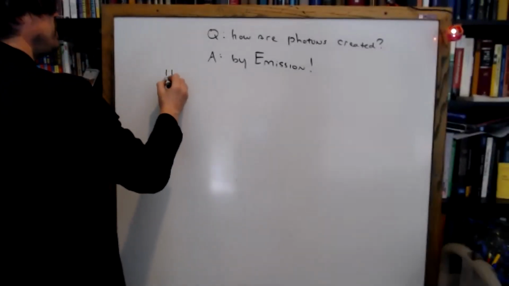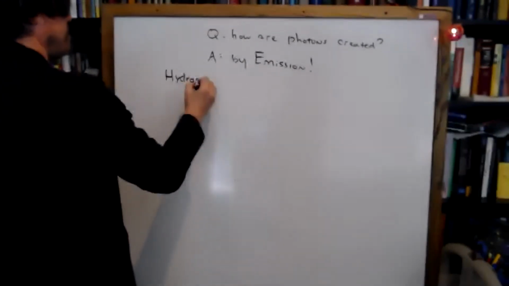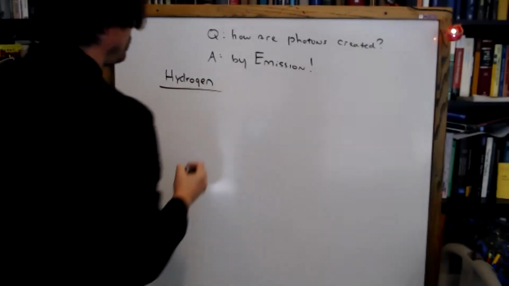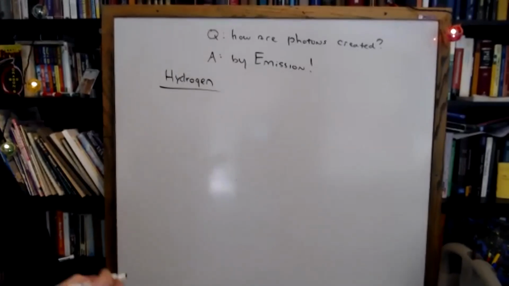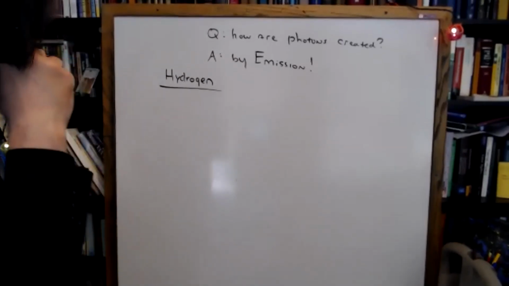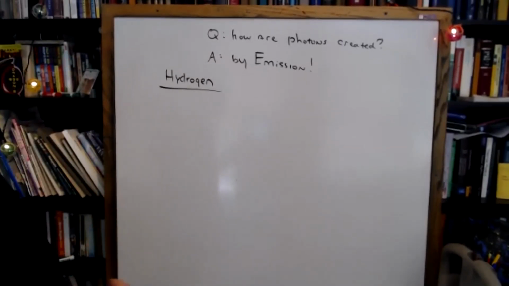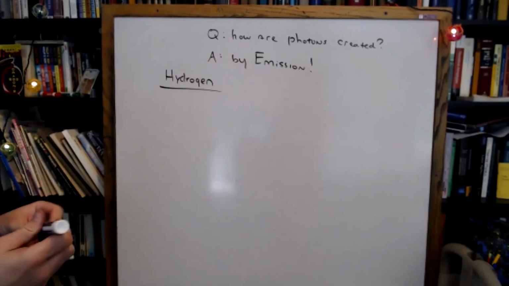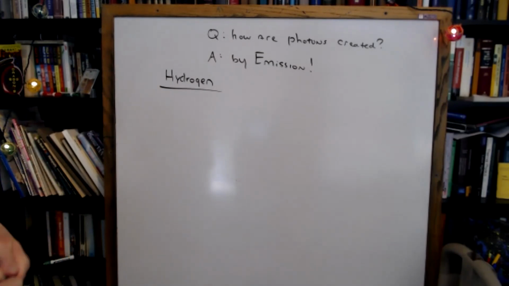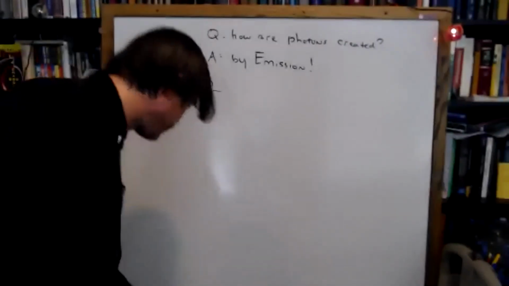So for instance, let's consider a hydrogen atom. Class, what does a hydrogen atom look like? How many protons, neutrons, and electrons are in a simple hydrogen atom? Say protium. One proton and one electron, if it's neutral.